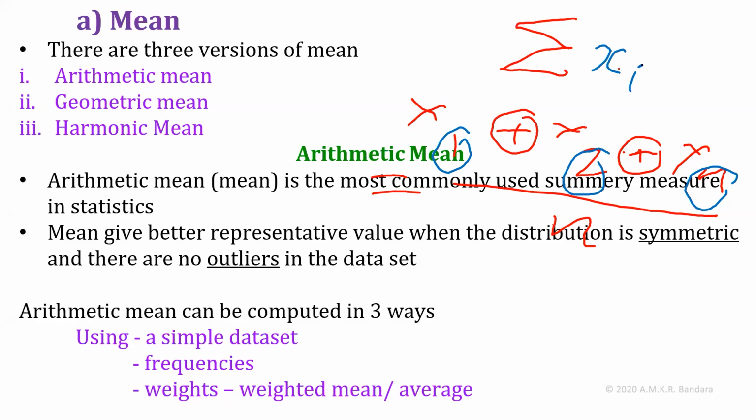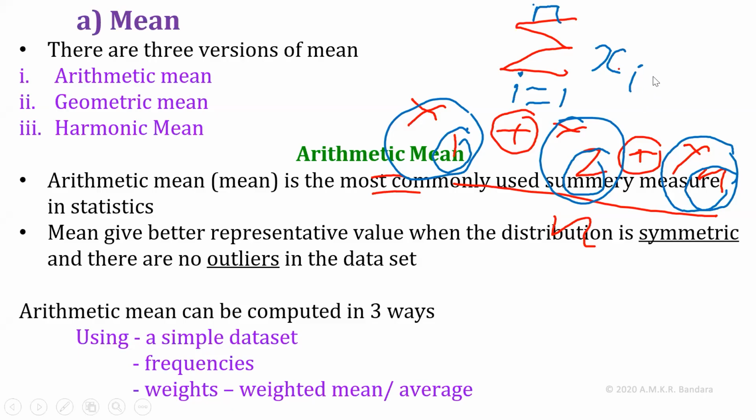I may be 1 in first case, I is 2 in second case, likewise I is n in last case. So this meaning sigma xi meaning we have to add everything here. What are those things? Xi's. Xi representing values, so I varies from 1 to n, and we have to add everything those xi's.